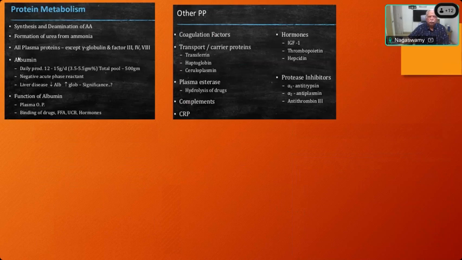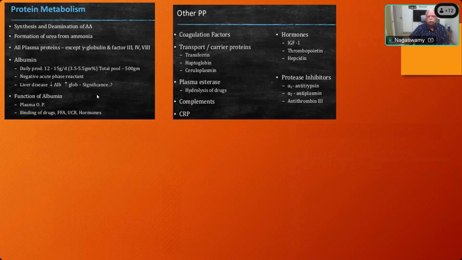The most important of that is albumin, and the daily production of albumin is 12 to 15 grams, and it is a negative acute phase reactant. So you can take it as a marker of acute phase reactant also. In liver disease, it goes down and globulin levels increase or become normal.